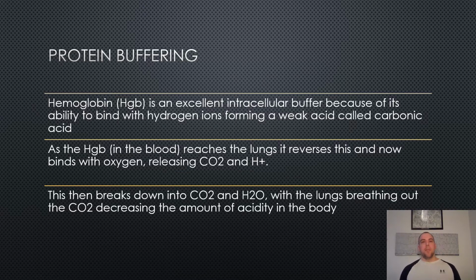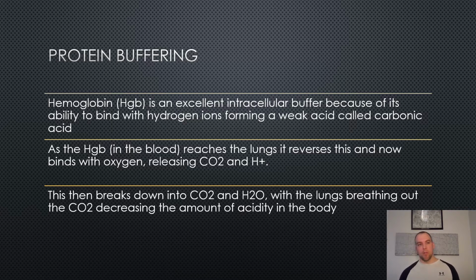So we have hemoglobin in our body, and you should know about that. And it's an extracellular buffer because of its ability to bind with hydrogen ions, which literally forms carbonic acid. Hemoglobin is what transports carbonic acid to the lungs, right? So what we like to do is get rid of the carbonic acid, and then once that's off the hemoglobin molecule, then it can take on oxygen, and that happens over and over again.